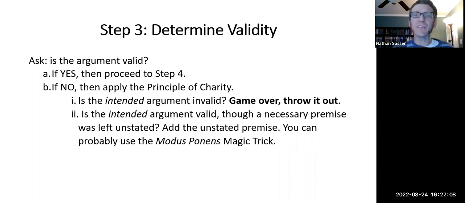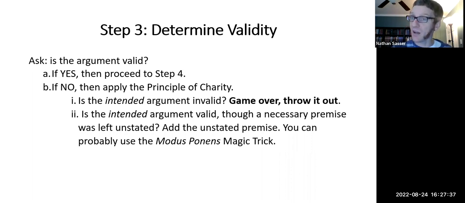However, if you think that the intended argument that the person meant to make is actually valid, though perhaps a necessary premise was left unstated, then we need to add that unstated premise in. We need to spell it out for them. And a lot of times you can do this using the modus ponens magic trick that I taught you in one of our previous videos.